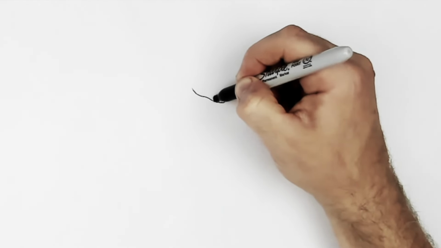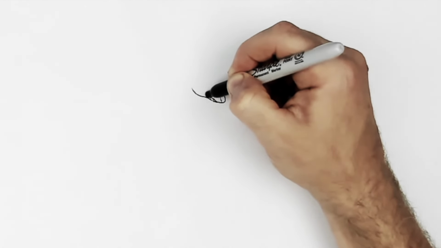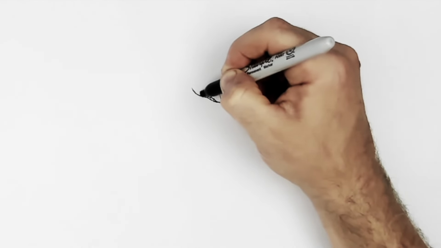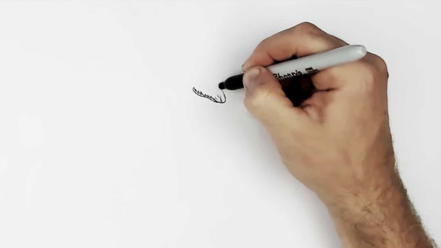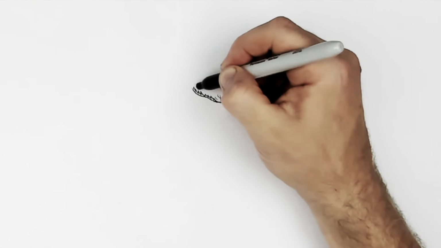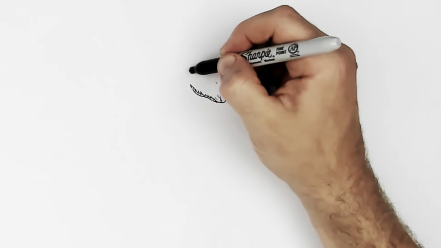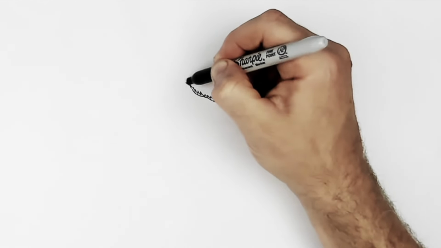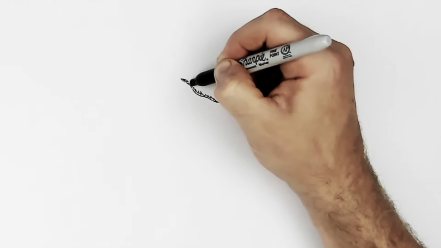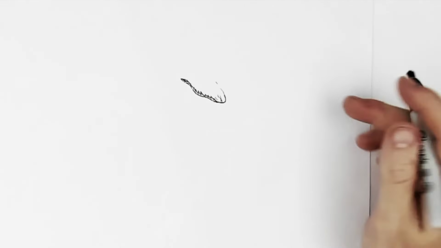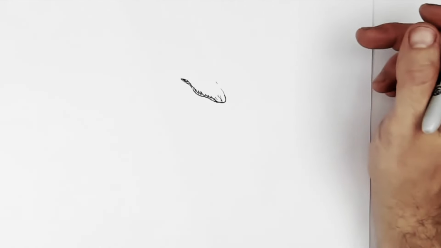And in this version of Godzilla, there are spikes all along here, and wrinkly, and these spikes will start to get quite big going down this way. We'll just get the head in first before we do all those spiky things.